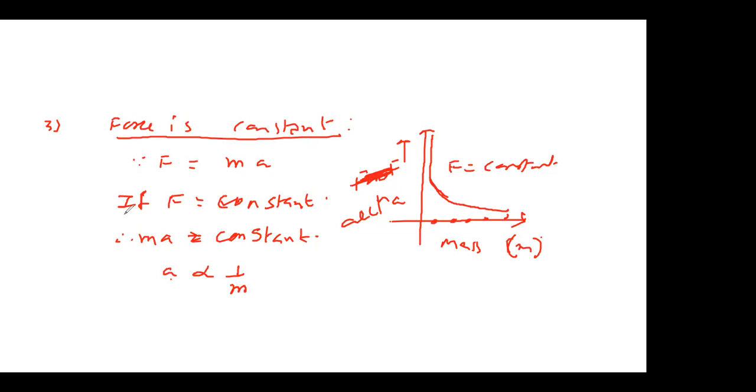Can I clear now? Now, three things we have to do. Define 1 Newton, define 1 dyne, and the relation between Newton and dyne. You all have completed this? Yes, sir, completed. Okay. Define 1 Newton.